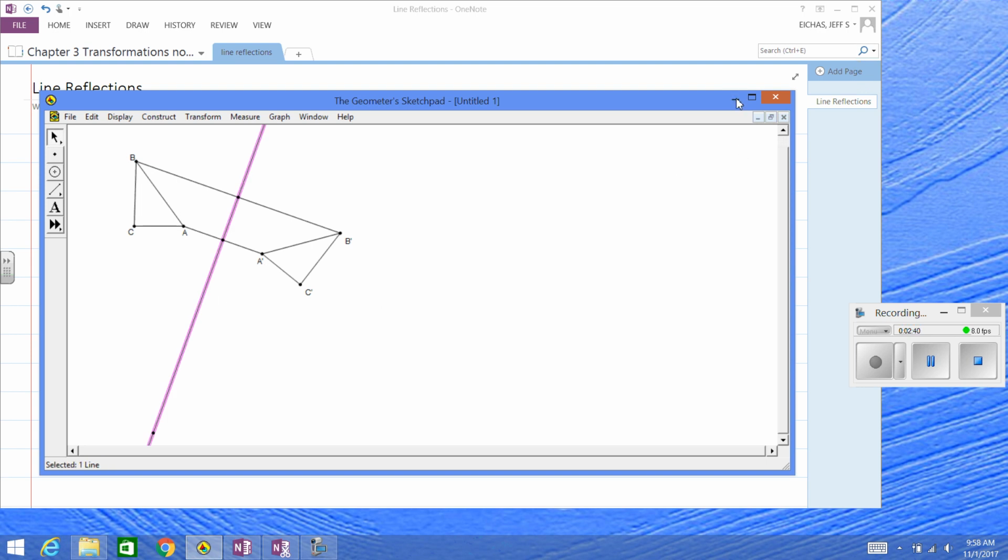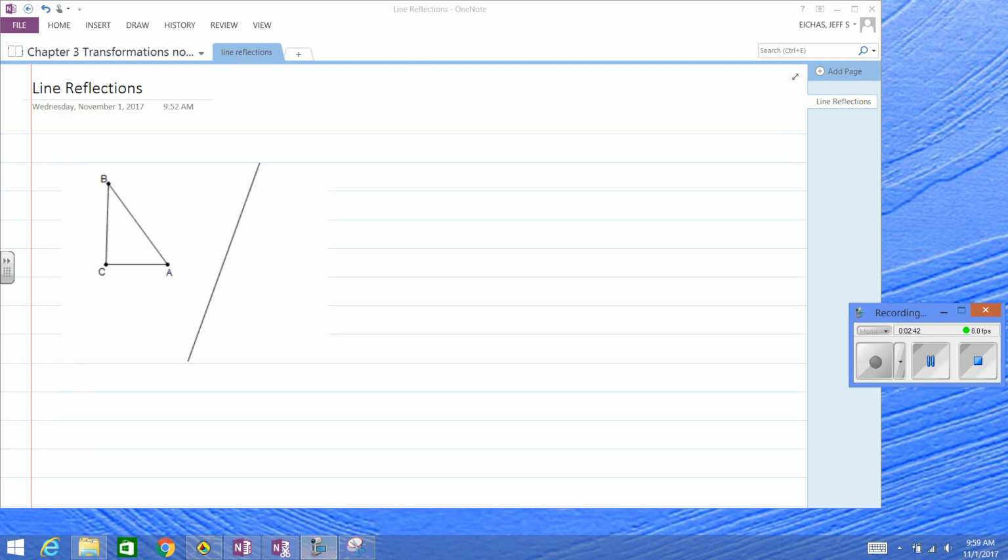So let's go over to the notes. Okay, so back to the notes of this. What we're trying to do is make sure students understand this. The line of reflection, this is the big concept.